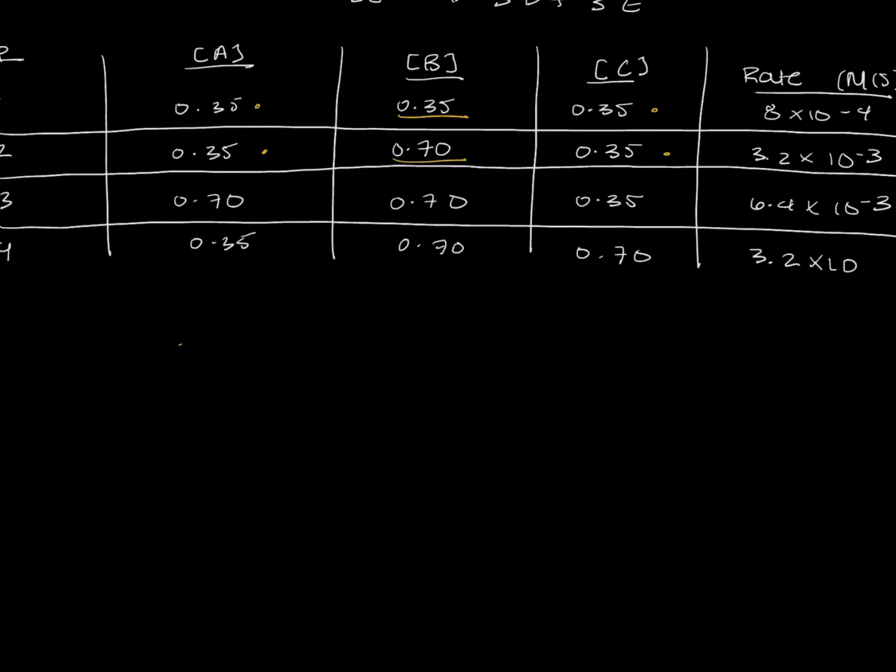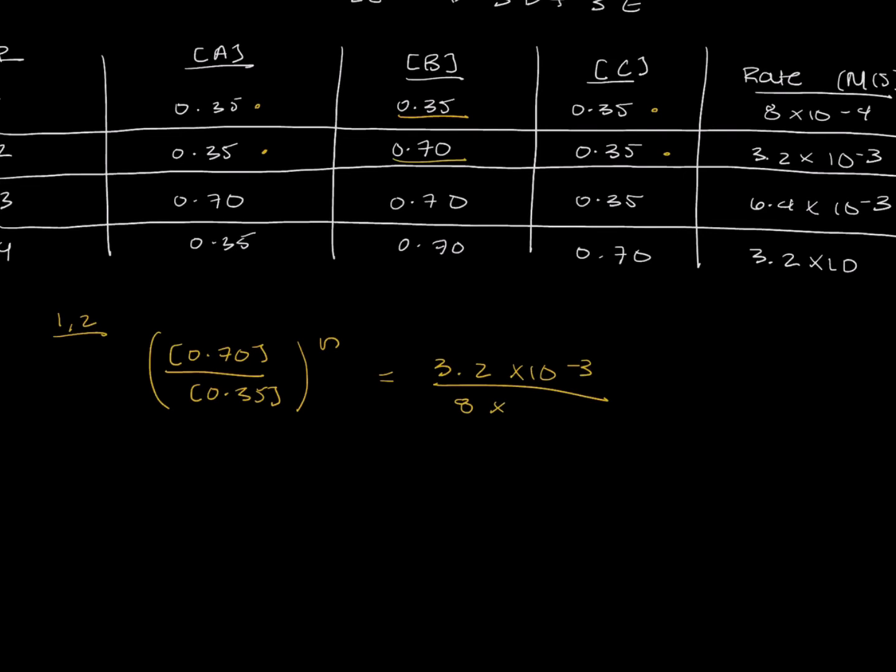So that means I can go ahead and set up my expression to say 0.7 divided by 0.35, for 1 and 2, let's make that clear, to the power of n equals the bottom one, because we want to keep it consistent, divided by 8 times 10 to the negative fourth.